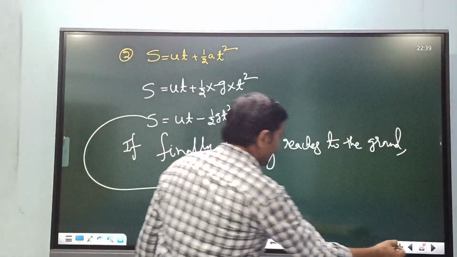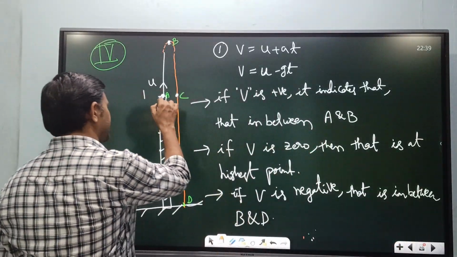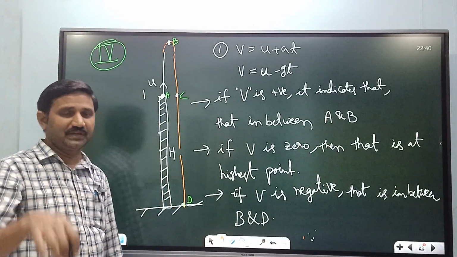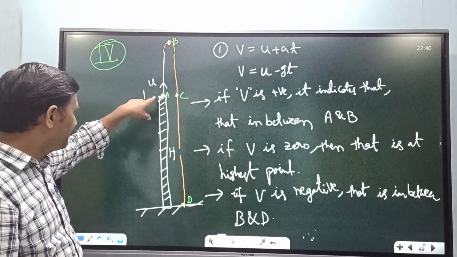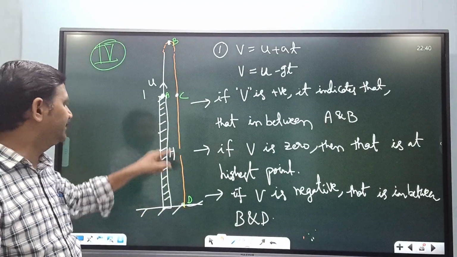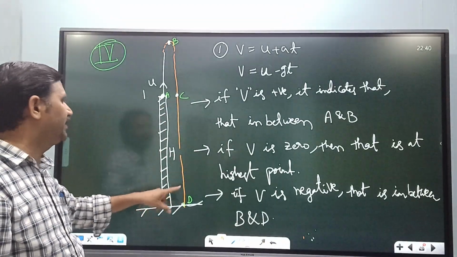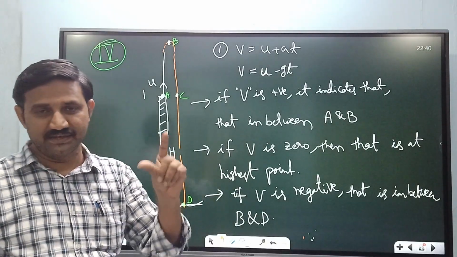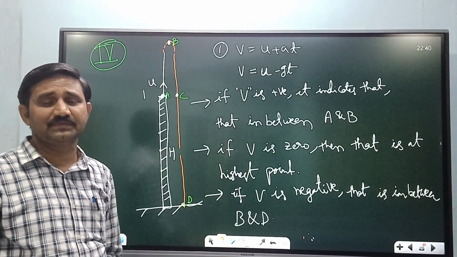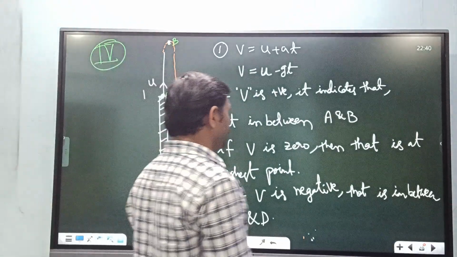Initially this is the initial position, and finally the body is here. So at the time of our observation the body is below this reference point. If the body is below the reference point, you consider the displacement negative, and if the body is above the reference point, you consider that displacement as a positive value.